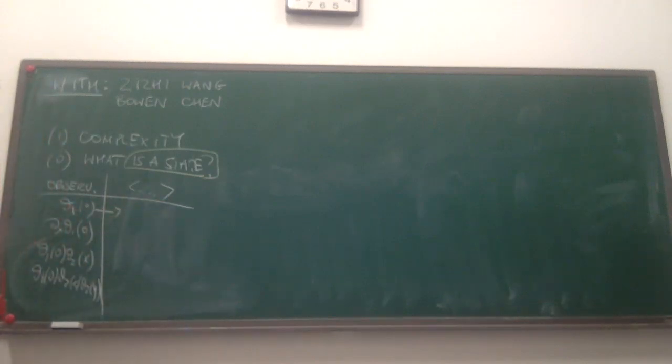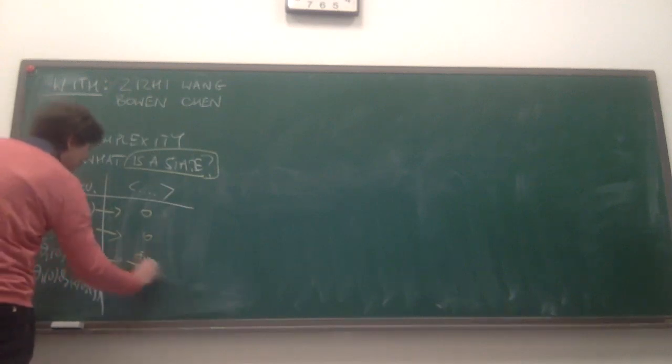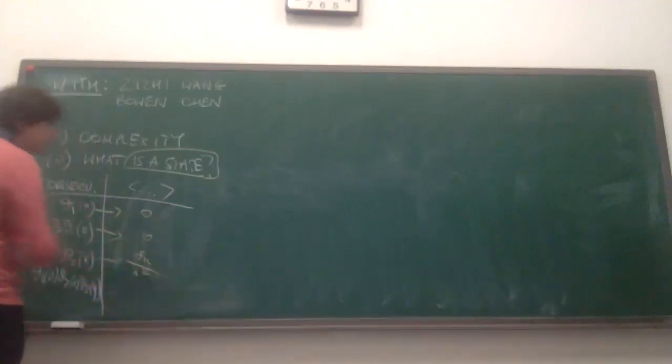If I happen to be talking about the ground state of a CFT, then we know that one-point functions of primary fields are 0. One-point functions of descendants are also 0. The two-point functions will be delta 1, 2 over x to the 2h. That's the value of the two-point function.